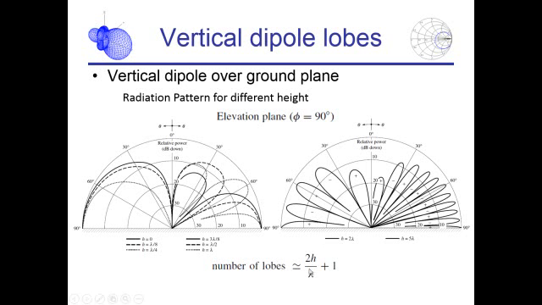In this case, we'll be raising the dipole above the ground plane, and we'll start seeing changes in the radiation pattern according to the height of the dipole above the ground plane. The formula for that is 2h divided by lambda plus 1, which will be the number of lobes that you'll form depending on how high you raise the dipole.